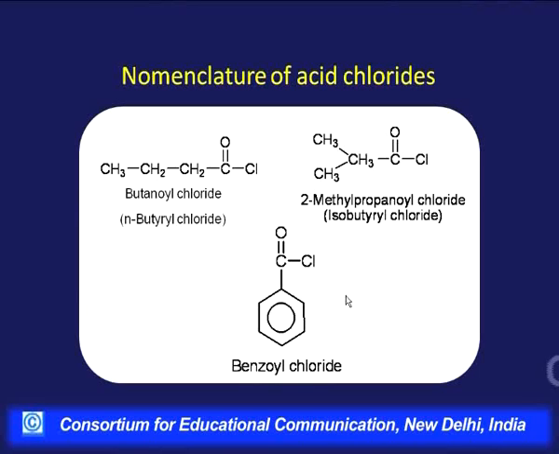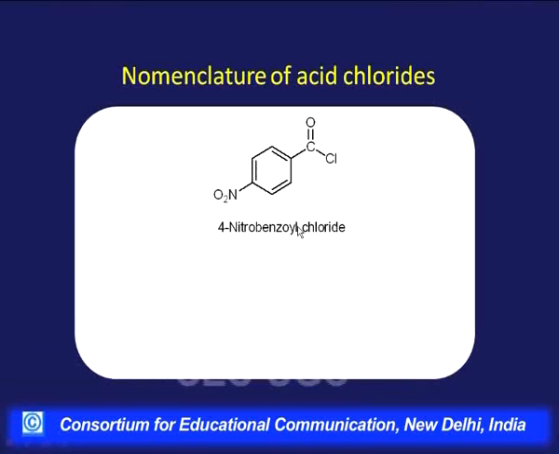Then we can get acid chlorides even from the aromatic acids. This is the chloride from benzoic acid. The OH of the benzoic acid is replaced by this Cl. So, this is named as benzoyl chloride. This is some substituted aromatic acid chloride, a benzoyl chloride in which a nitro group is present.